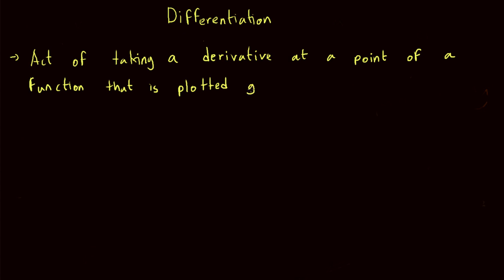So this is a very simplistic, non-rigorous definition of differentiation, a very easy way to understand it. We know that it's related to a derivative, and it's of a function, well, at a specific point of a function, really.